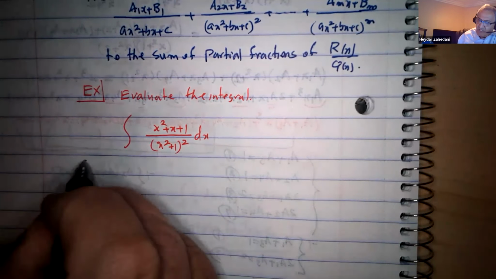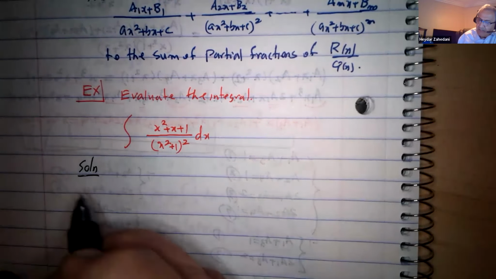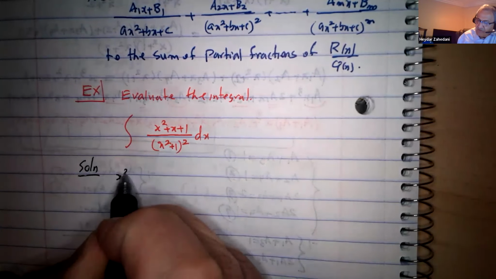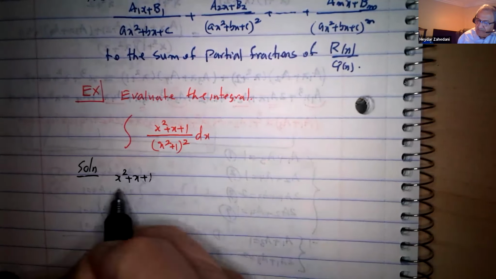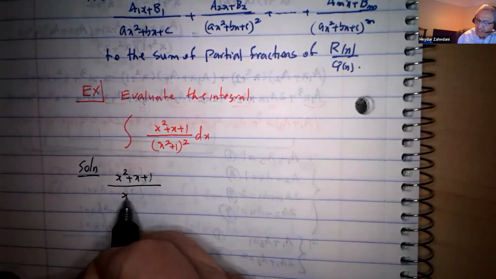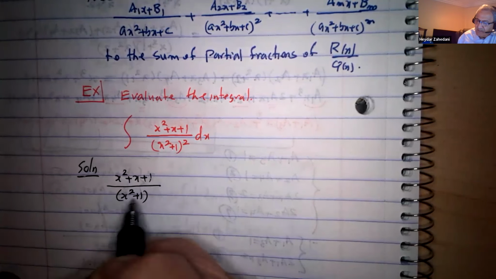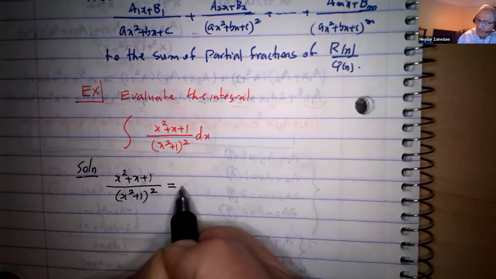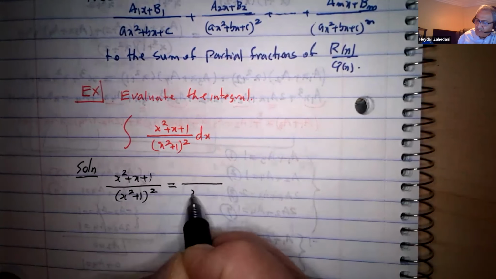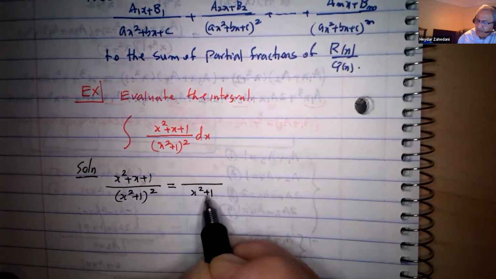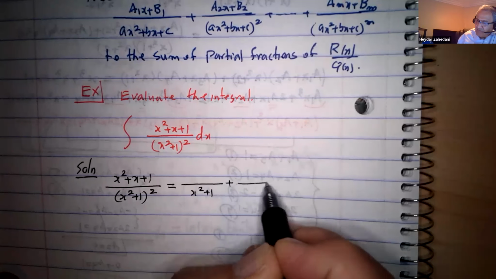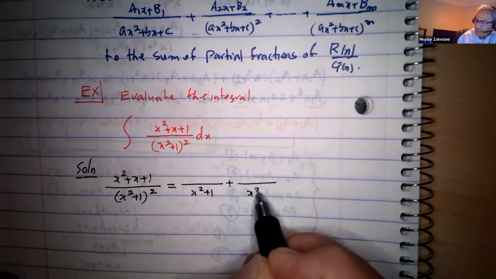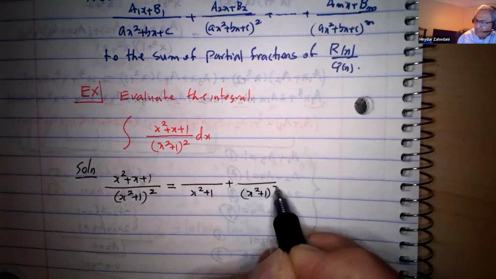Okay, so the solution is going to be, this is it. You have x squared plus x plus 1 over x squared plus 1 all squared. So you break it into one factor x squared plus 1. Since it's repeated, you have to repeat it: x squared plus 1 all squared.